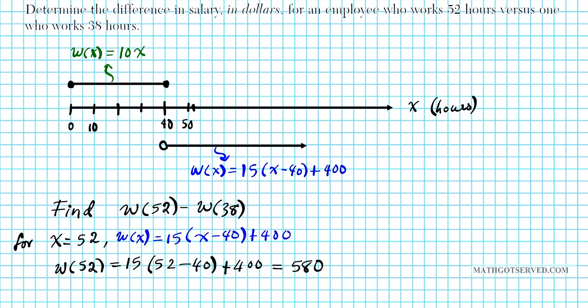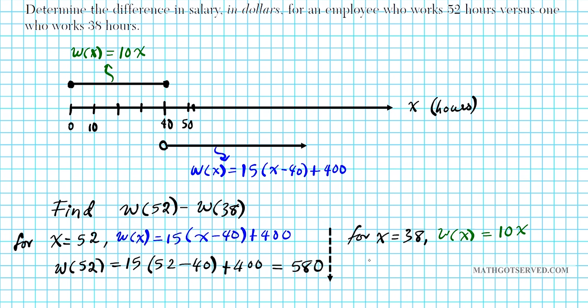Now, what about if we worked 38 hours? What would the earnings be? So for x equals 38, what function are we using? Where is 38? 38 is in this first interval right here. So that means we're going to be using the function W of x equals 10x.